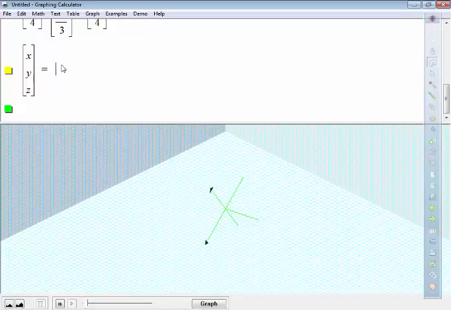I can write the equation either in parametric form, where I have the x, the y, and the z in the different slots, or I can write it in vector form. So in vector form, I just have the point plus t times the direction.